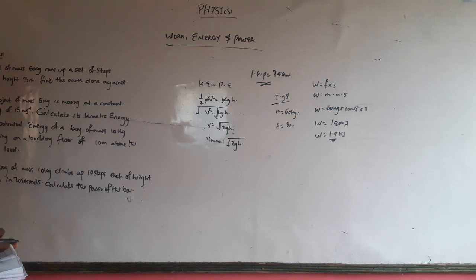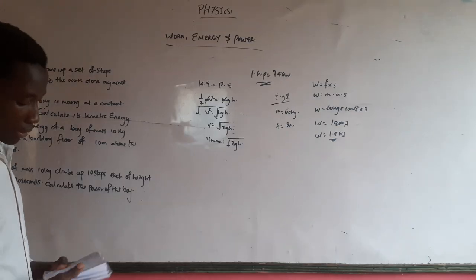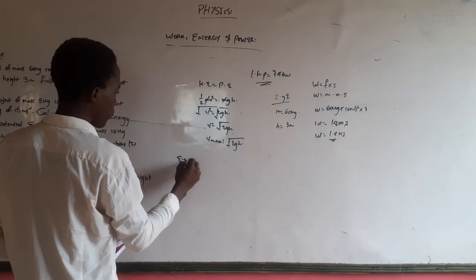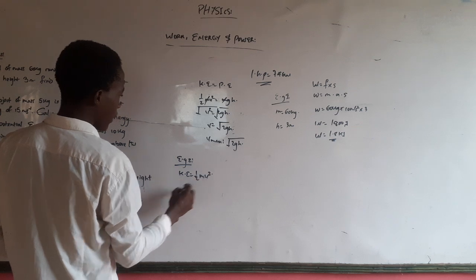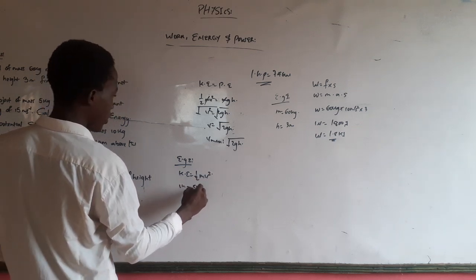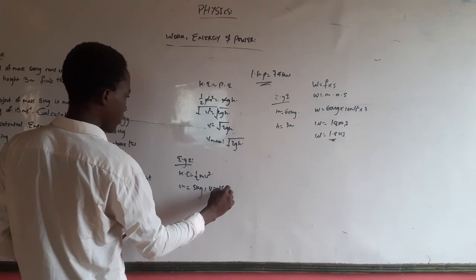Calculate its kinetic energy. We all know kinetic energy is equal to 1/2 mv squared. So for example 2, kinetic energy is equal to 1/2 mv squared, giving us m as 5 kg and velocity as 15 meters per second.